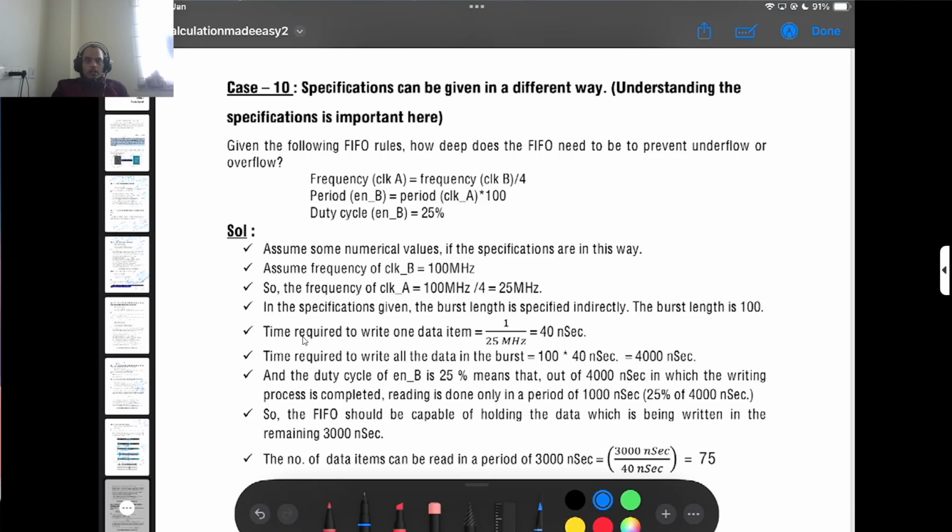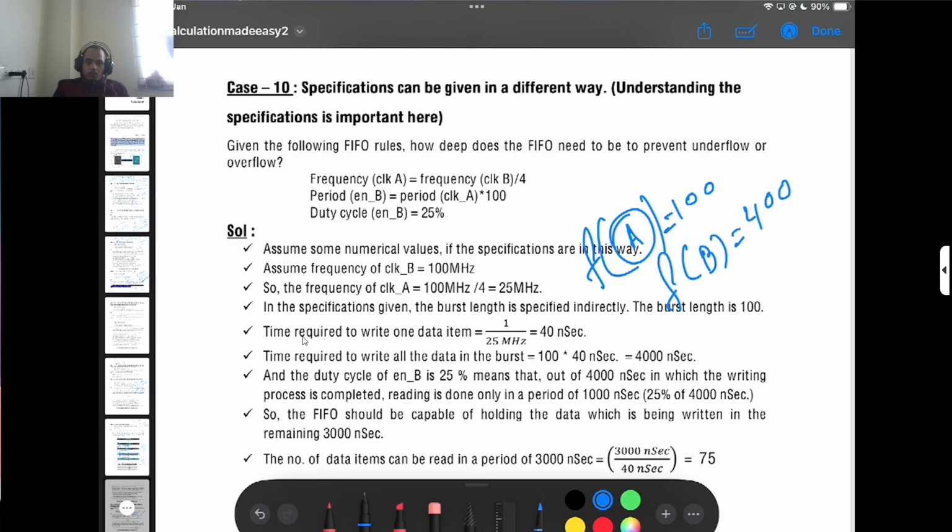Frequency of clock A equals frequency of clock B by 4. Suppose the frequency of clock A is 100, then f of a equals 100, and f of b equals 400, because f of a equals f of b by 4.